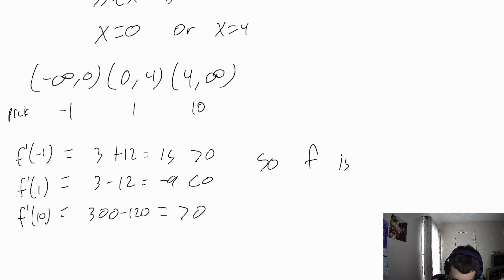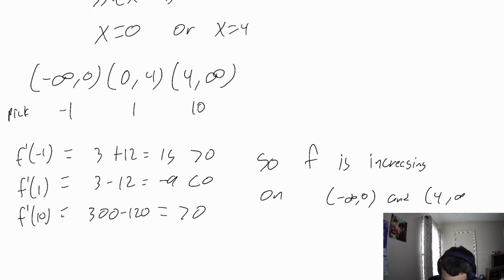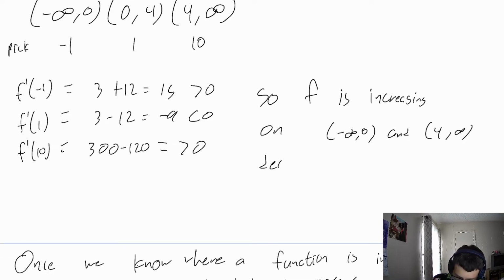So f is increasing on minus infinity to 0 and 4 to infinity, and decreasing on 0 to 4.